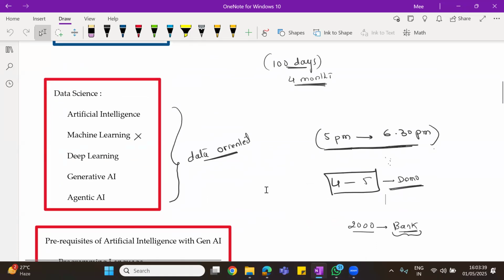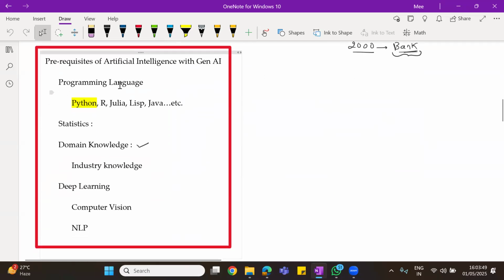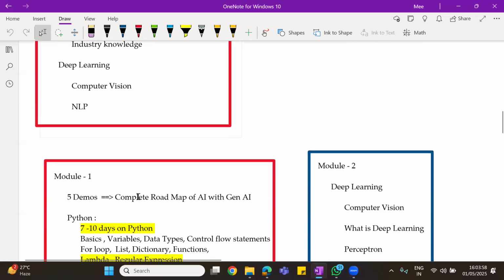And the prerequisites of artificial intelligence with generative AI: what are the things we require? We should know at least one programming language, that is Python, statistics, domain knowledge, and deep learning.